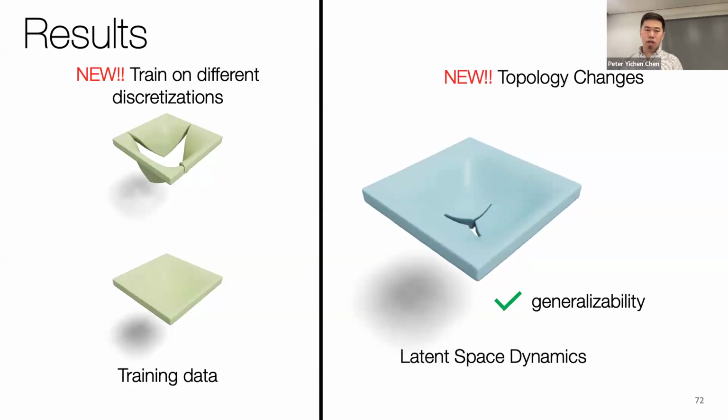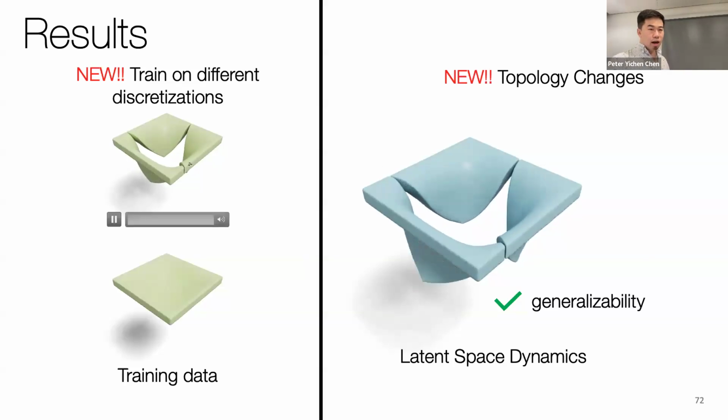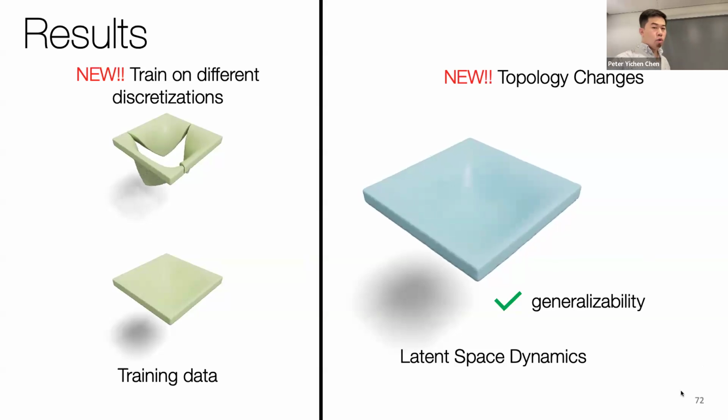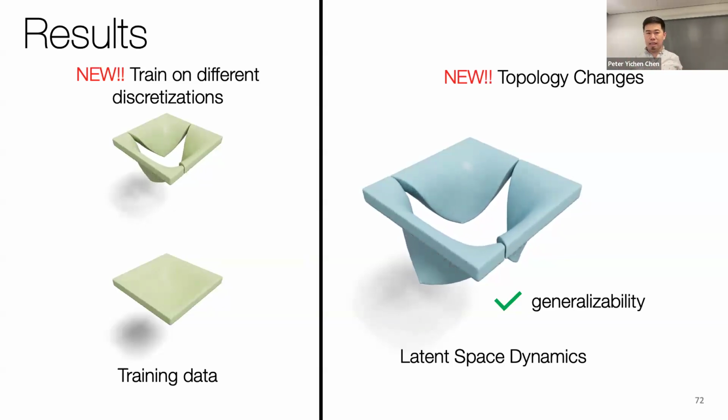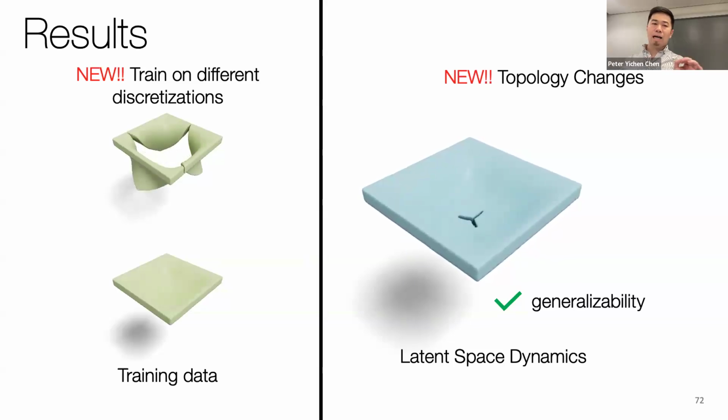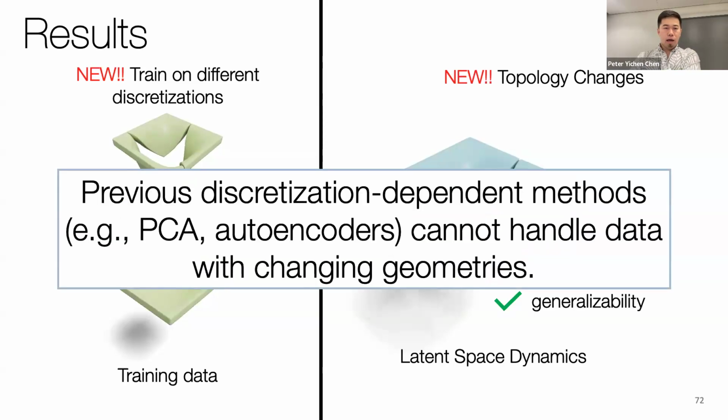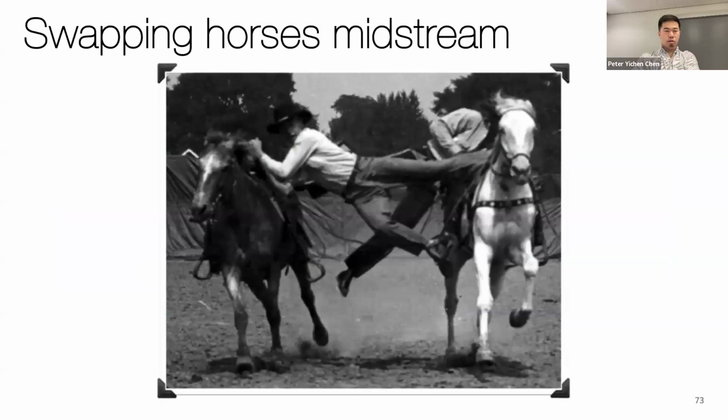And what is even cooler is that after training on just the data on the left, we can actually do gradual topology changes. The reason we can do this is because we keep the PDEs, so we're still solving the PDE at the same step, and the neural network is only asked to capture the spatial distribution. Previous discretization-dependent methods, PCA, autoencoders, cannot handle data with changing geometries.